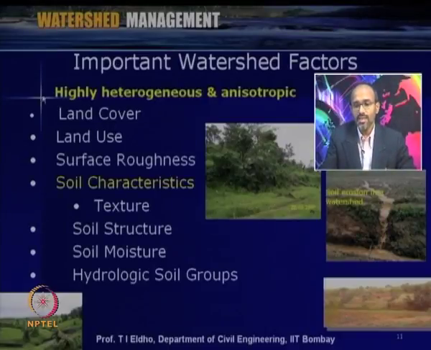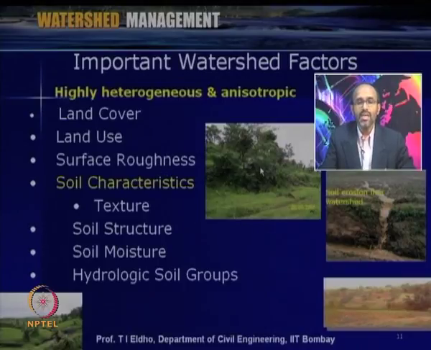Now, other parameters like land cover. You can see that in this watershed, grass is here, at another location plants, or at some other location trees. So the land cover is changing. As far as land use is concerned, some of the area may be covered by agricultural land, some of the area may be forest land, so the land use will be varying.